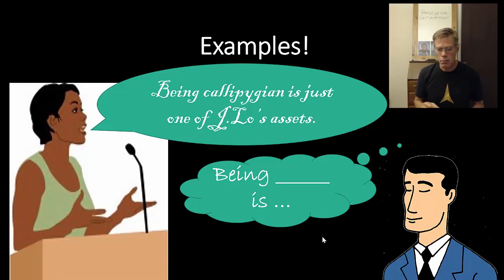So being callipygian is just one of J-Lo's assets. So being blank is being tall, is being fast, is being athletic, is being happy, right? So in that case, we can see it's got to be an adjective because all of those words that fit in that frame are adjectives.